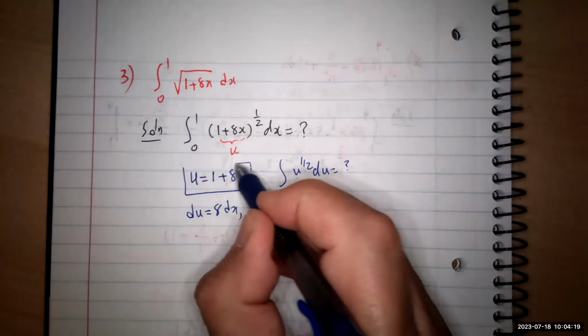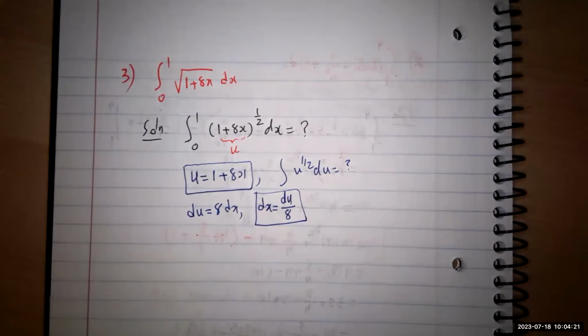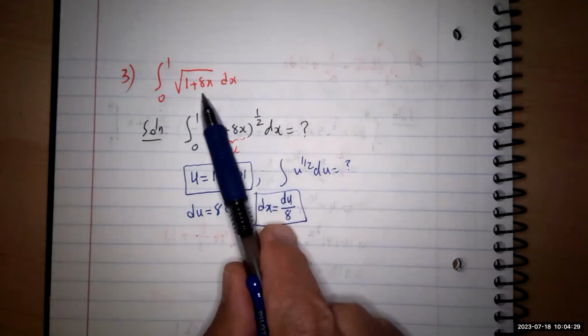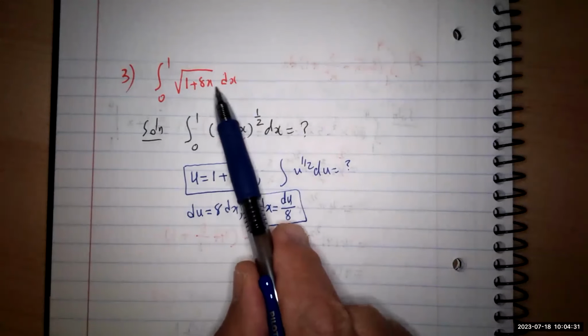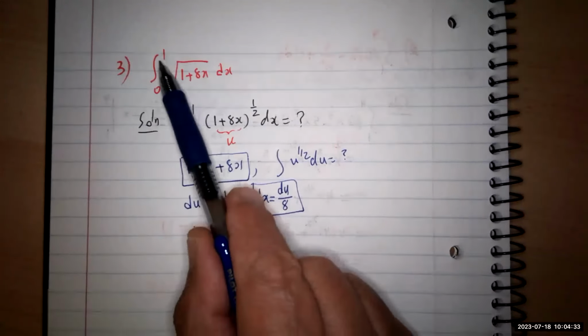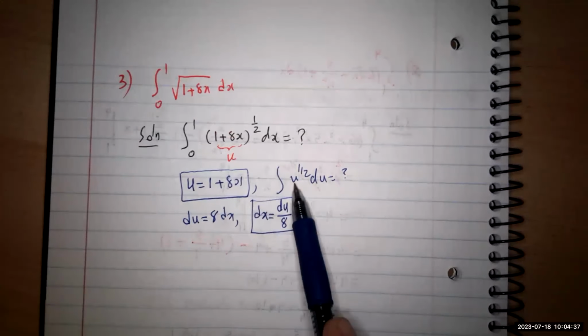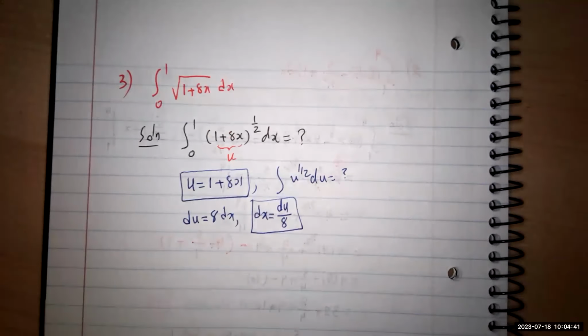Now, you have an extra job when you go back for your integrations. You see over here it is a definite integral in terms of x. X goes from 0 to 1. But when you change it to the substitution, it's going to be u. So what are you going to do about these numbers?